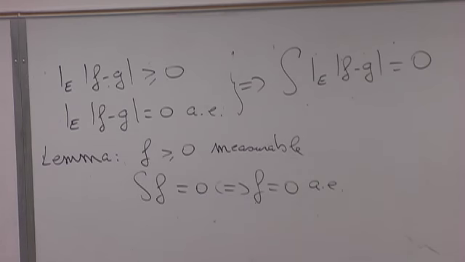But this works only for positive functions, of course. There are plenty of functions whose integral is 0 but are not 0 almost everywhere. So that's why it's important. I'm pretty sure we proved this, and it's something good to remember. It's very useful.